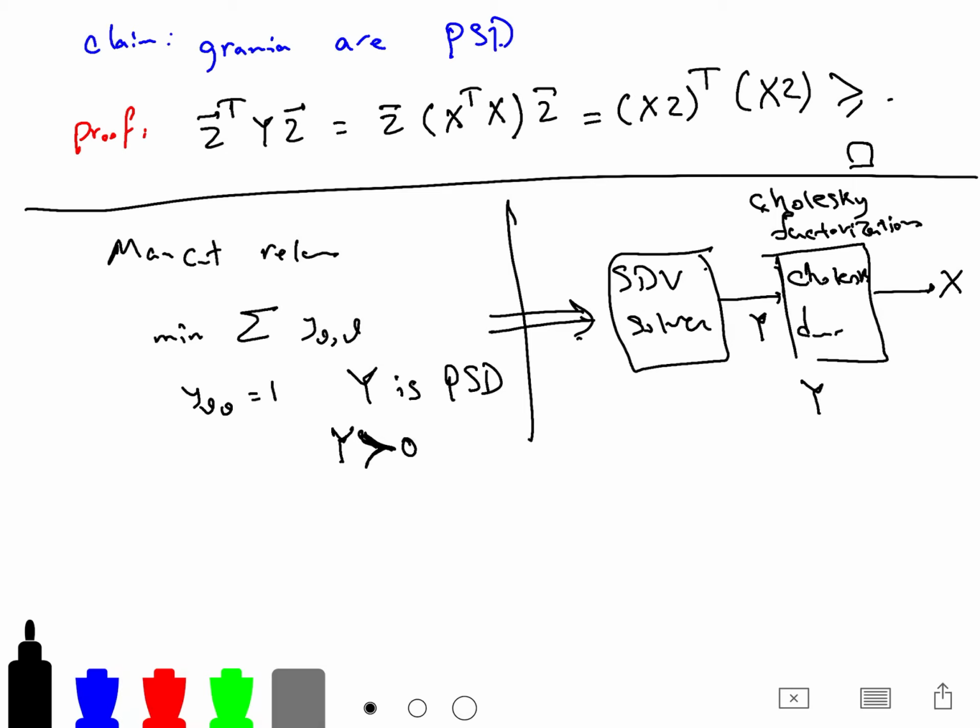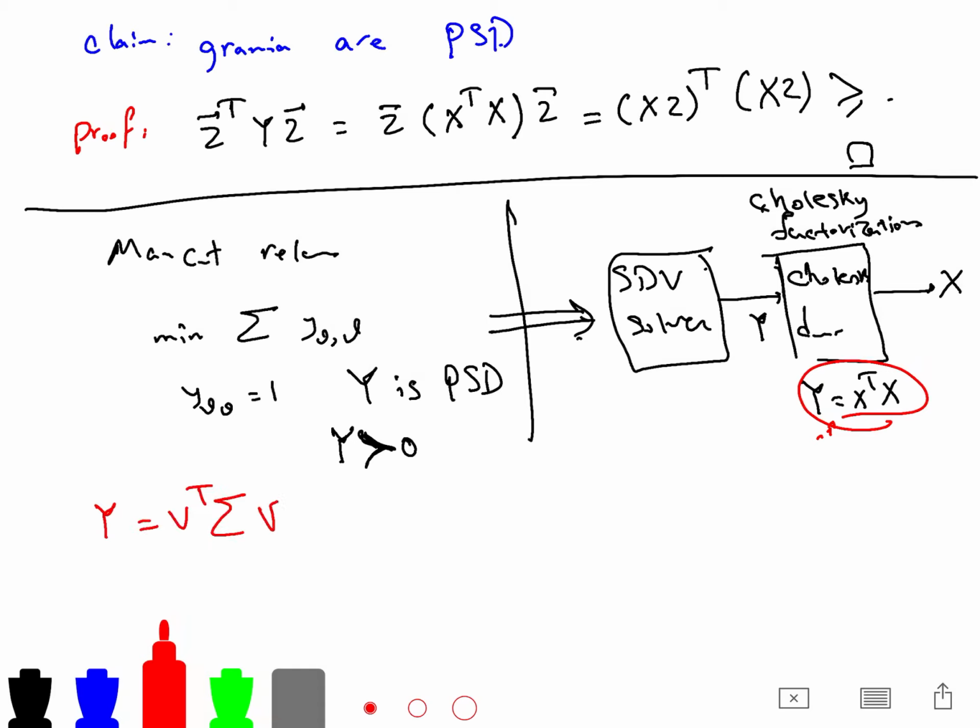So Y is X transpose X, and M is positive semi-definite if all eigenvalues of M are non-negative. And Cholesky decomposition is doable because you can just use the SVD of Y, so it becomes V transpose sigma V, where sigma is the diagonal of all eigenvalues, and V holds the eigenvectors v1, v2, and so on.